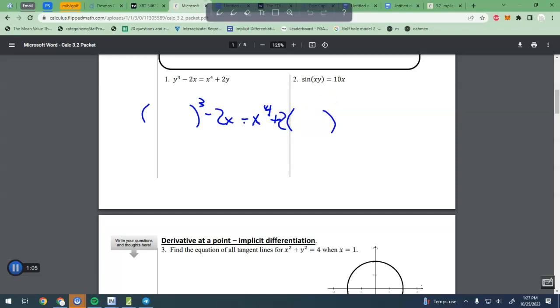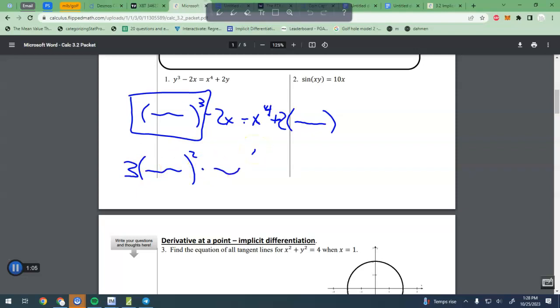I can't, but it's possible. Whatever y would be equal to in this theoretical world where these tools exist is kind of in there. So if I took the derivative of this, wouldn't it be 3 times blah, blah, blah squared times the derivative of the inside? It would be like blah prime. That's my fancy calc notation. So that's the idea. Let me just start doing it.